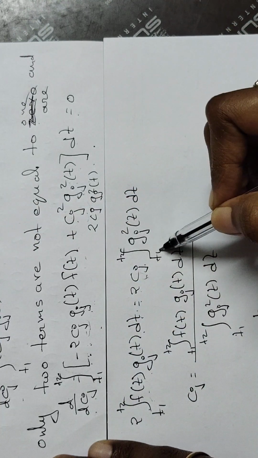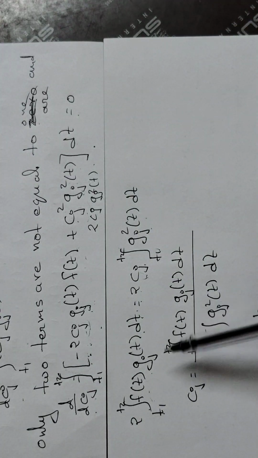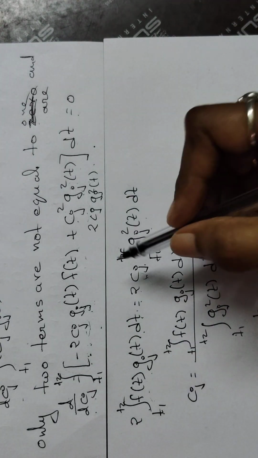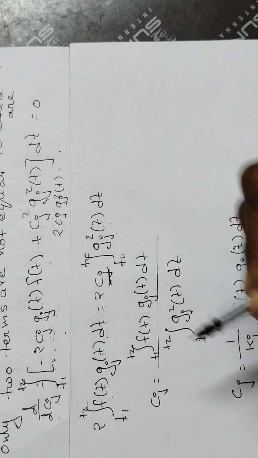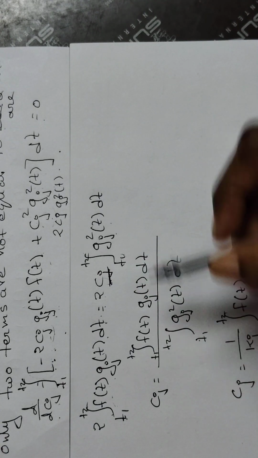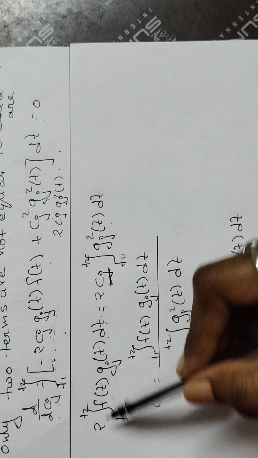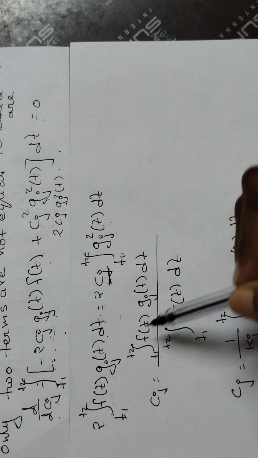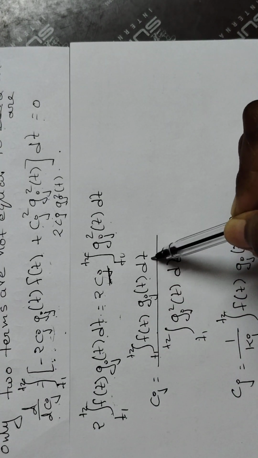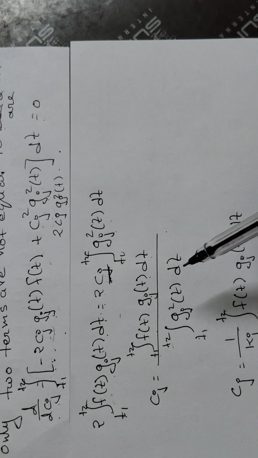Now from this equation, if you find the cj value, the 2 gets cancelled. We get the integral t1 to t2 of f of t gj of t into dt divided by the integral of gj square of t into dt.